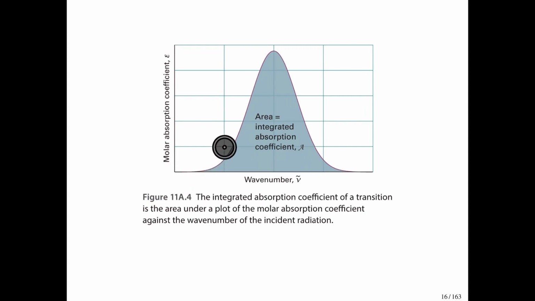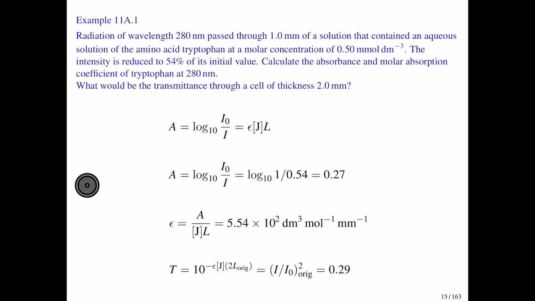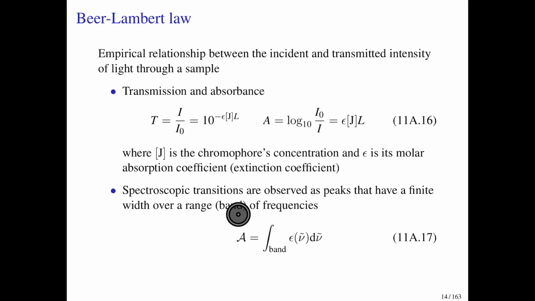You get a peak. And so the molar absorption coefficient goes through a peak, and then oftentimes what you want to do is to calculate the area under the peak, and that's what this equation here is doing. It's saying you would integrate the peak.